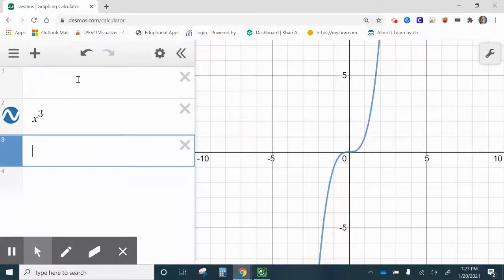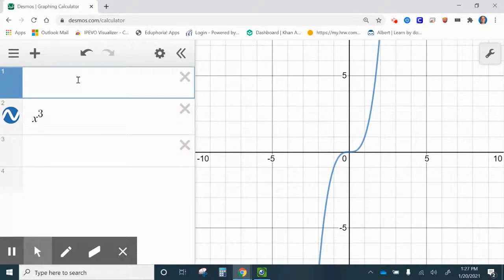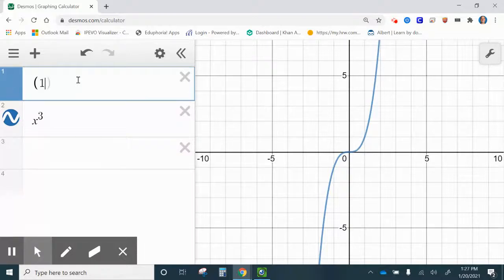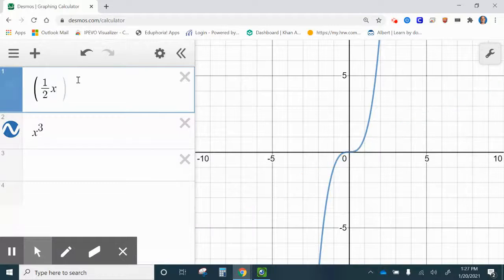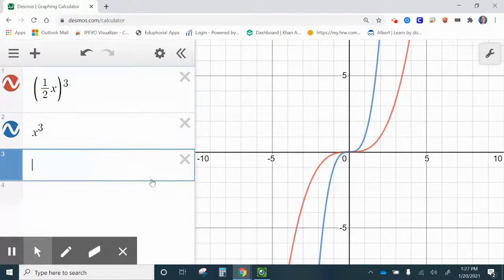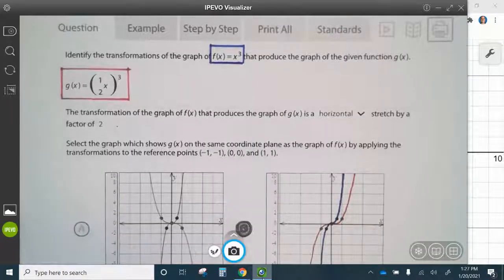We already have the x cubed graph, so now we need to enter parentheses 1 divided by 2 x cubed. The cube is on the outside. Take that away. There you go. So that's what the graph should look like. The transformation of the graph of f of x that produces the graph of g of x is a horizontal stretch by a factor of 2.